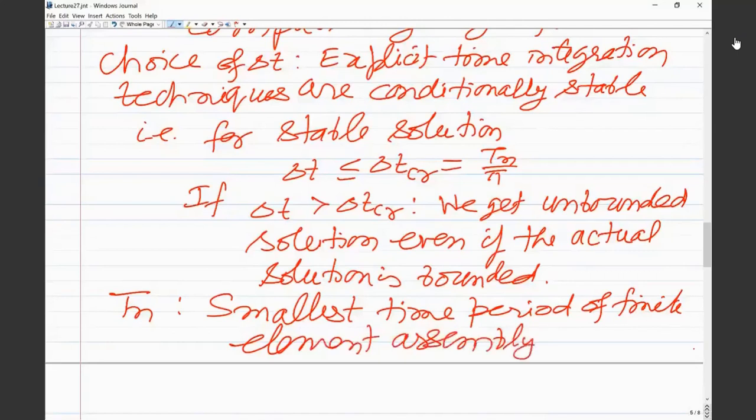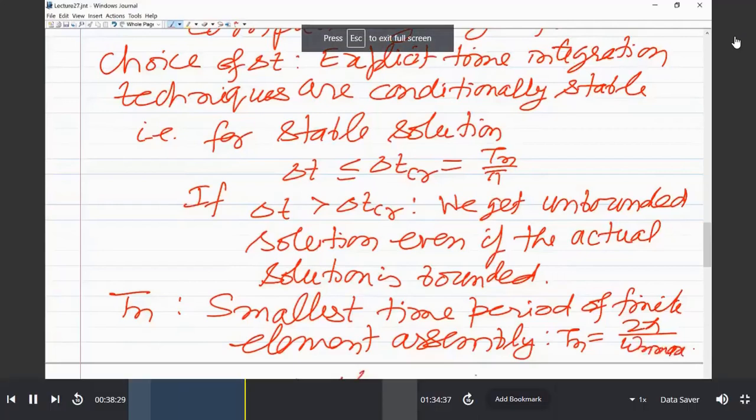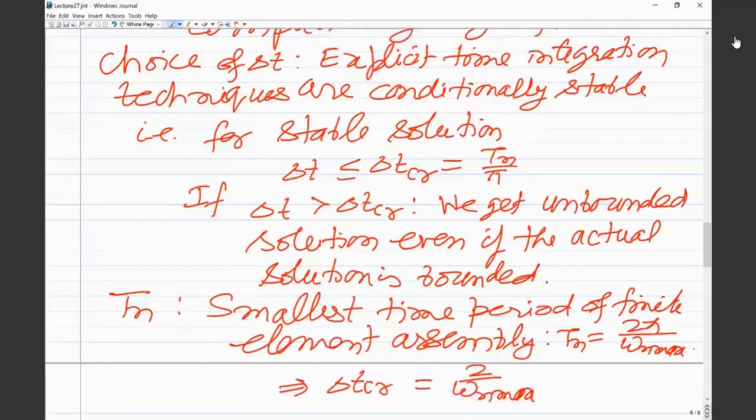So this Tn can be written in terms of the highest natural frequency, that would be 2 pi by omega n max, the maximum natural frequency. So then delta t critical would be 2 upon omega n max. That is how you write the delta t critical.